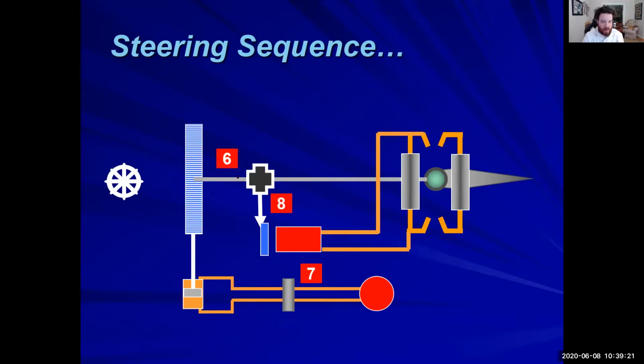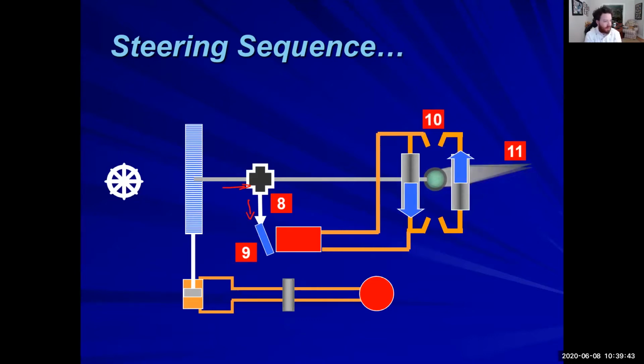Remember where we left off? Input number 1 has just put an input into the differential. That differential has moved the yoke, and now we have moved our tilt box. We're starting to output fluid, and we're sucking in fluid. Those rams will move to correspond to our movement of our tilt box.